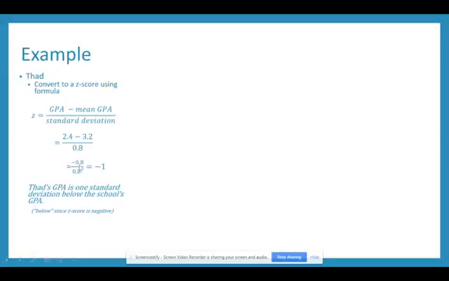So you have negative 0.8 divided by 0.8, which is negative 1. The negative sign indicates that we're below the average, or below the mean. So Thad's GPA is 1 standard deviation below the school's average GPA. It's not really great.